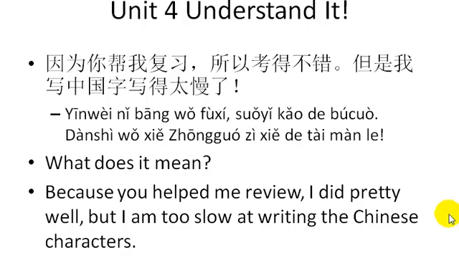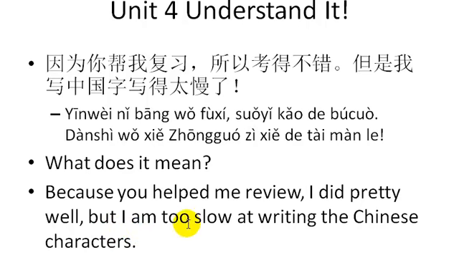Okay, hopefully you came up with something close to this. Remember, it may have been different, but as long as the meaning is there. Because you helped me review, 因为你帮我复习, I did pretty well. 所以, therefore, 所以考得不错. I tested well. Right?